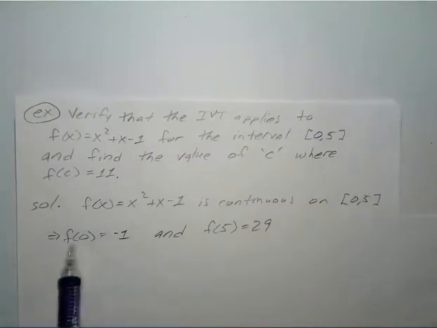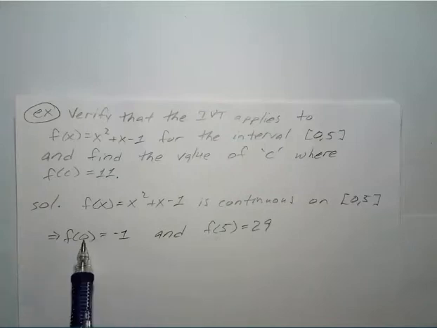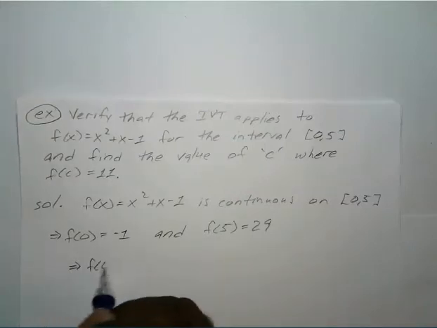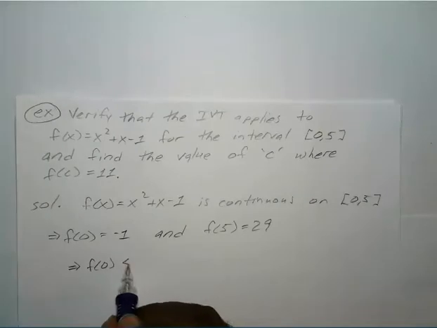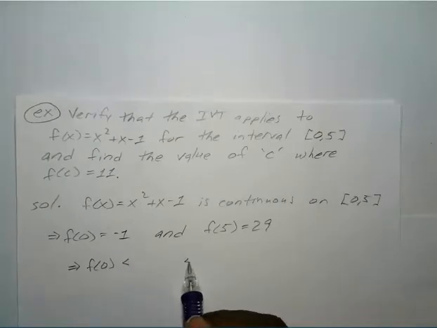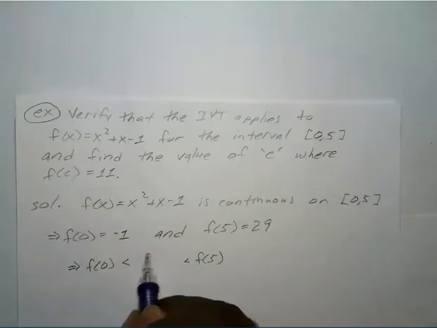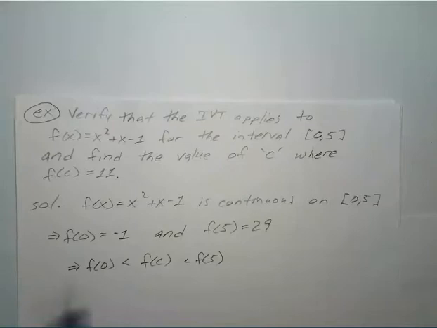That means these are basically your y values. So we have f of 0, which is less than f of 5, and we want to find an f of c right between it.